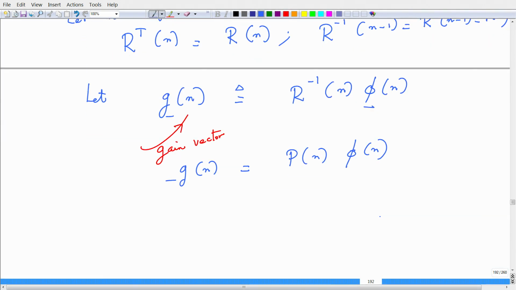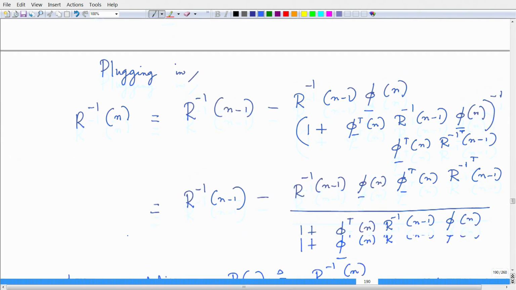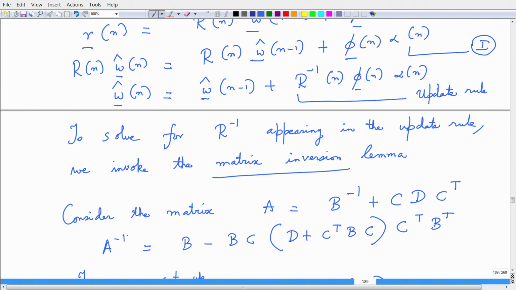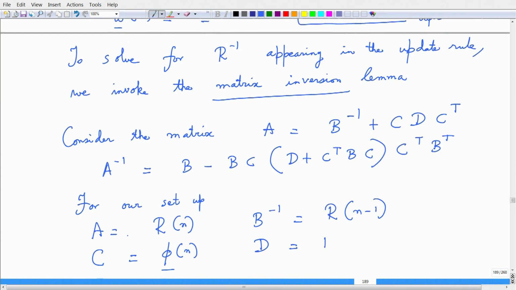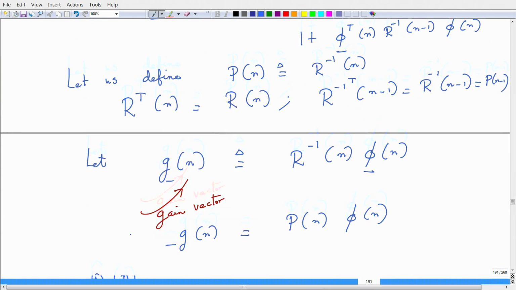Therefore our update W hat, so we started off somewhere much before here, that I wrote W hat of n is W hat of n minus 1 plus R inverse n phi n times alpha n. So R inverse is basically P, and P times phi is this gain G, and gain vector times the innovation is what I need to have here.